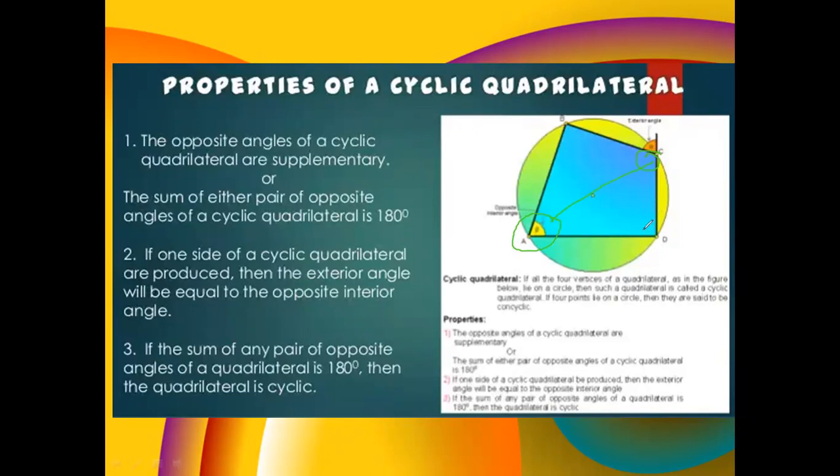And here, this angle also should supplement the opposite angle there, angle B. Again, their total is 180 degrees. So that is the first property of a cyclic quadrilateral: opposite angles are supplementary to each other, having a total of 180 degrees.